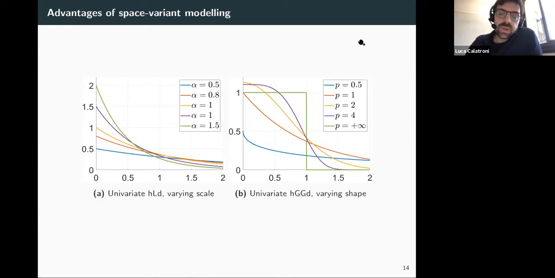In particular, you see that for different values of p, you range from very steep and very peaked distributions to distributions which correspond to the uniform distribution as p goes to infinity. So it's better adapted to model locally the shape of your gradients.